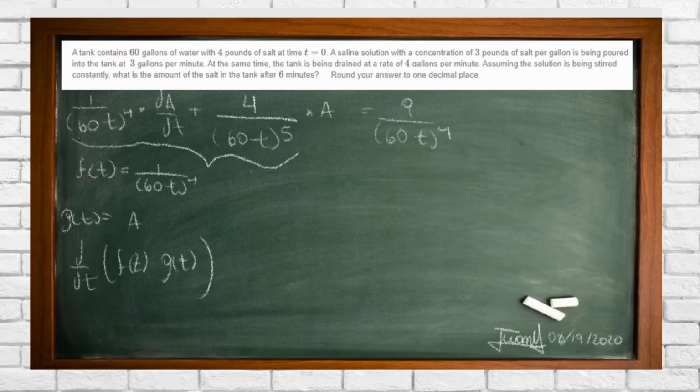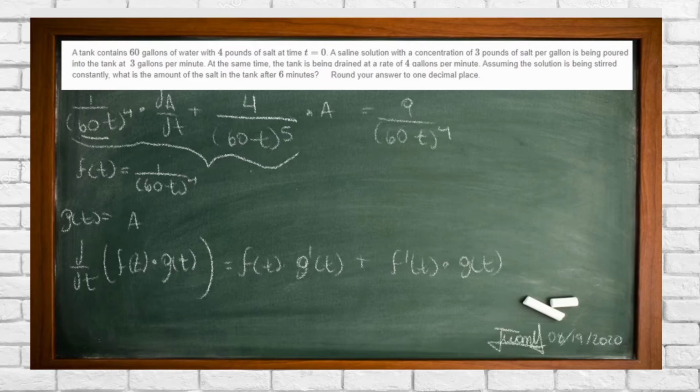Well, here, if we define f of t as 1/60 minus t to the fourth, we have it here. So to have it clear, we'll have f of t times the derivative of g of t plus the derivative of f of t times g of t. So g of t is right here.